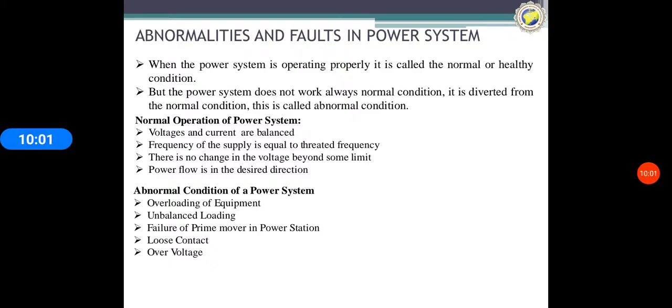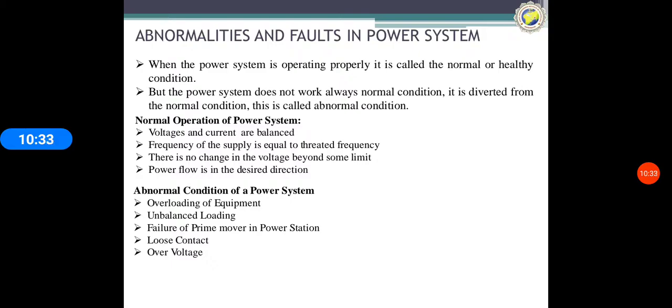The next one is power flow in the desirable direction. Our electrical system must form a closed loop, so the desirable directions must follow particular paths. And the value of current is equal to the rated value or less than it.